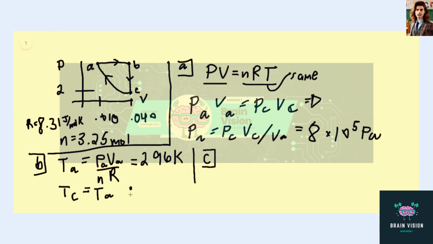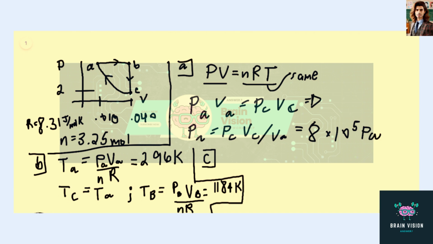And to get TB, you can just do the same thing. TB equals PB, which is the same as PA, times VB, over nR. When I calculated that, I got 1184 Kelvin. Okay, funny shape, but it's okay.